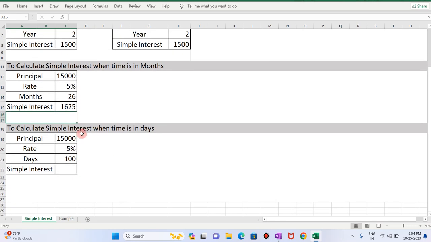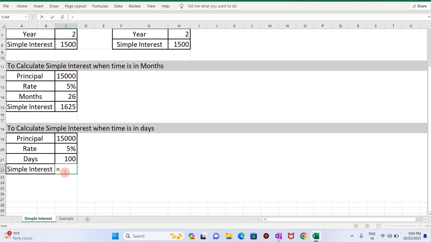Next, we'll calculate simple interest when the duration is in days. So principal amount is 15,000, rate of interest is 5% and the duration is 100 days. So let's calculate simple interest for this example.